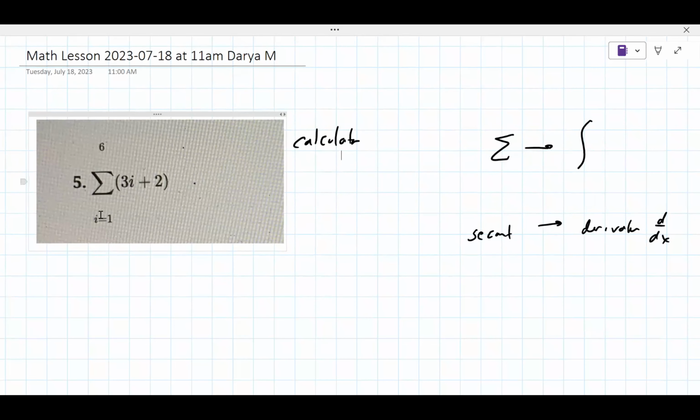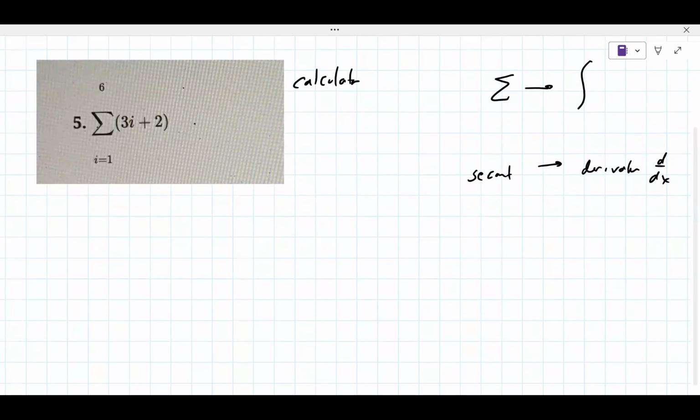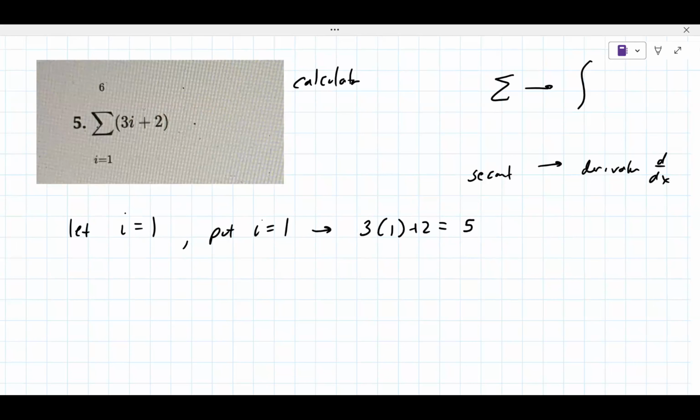So the way this works is you first say, let i equal 1, and then you put i equals 1 into 3 times 1 plus 2, which is 5. So the sum equals 5 plus. The sigma means sum, or add them all up.